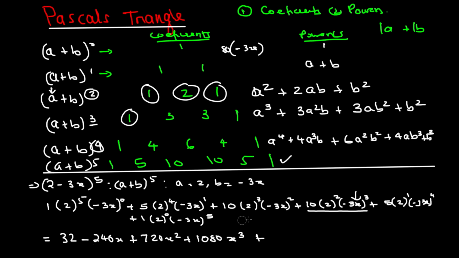Okay, here we'll have a negative. Here we'll have a negative. Okay. Then here, once we do those multiplications, we get x^4.